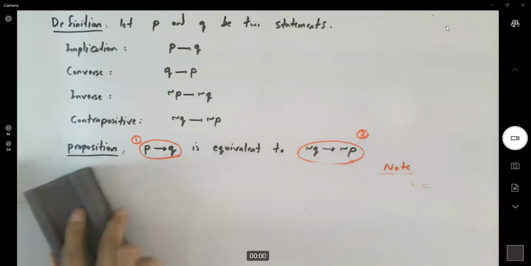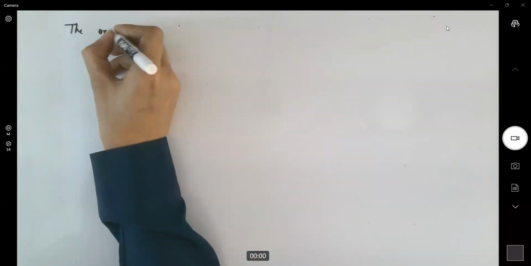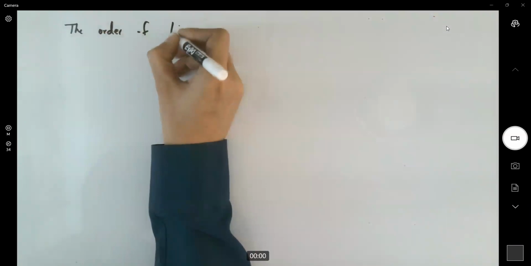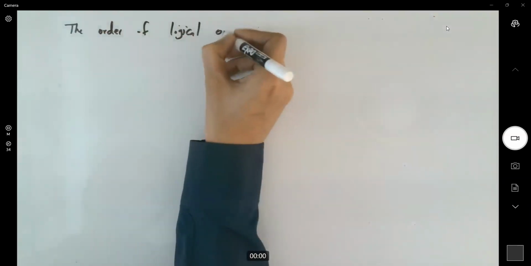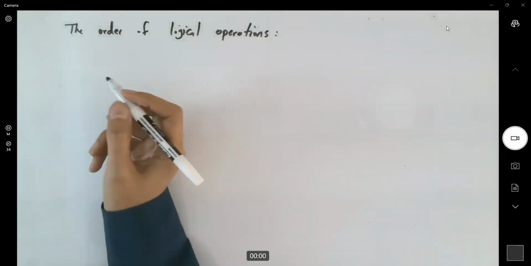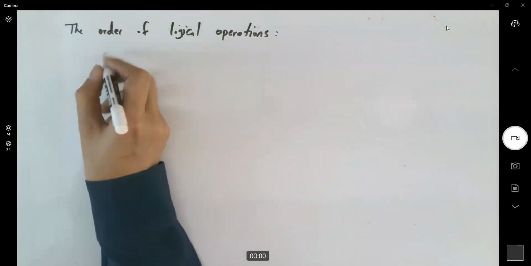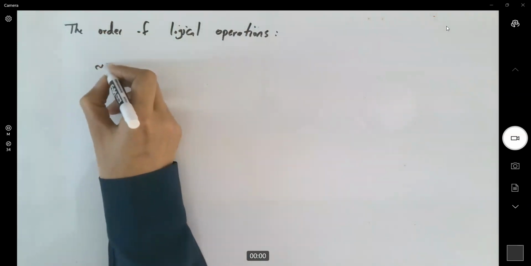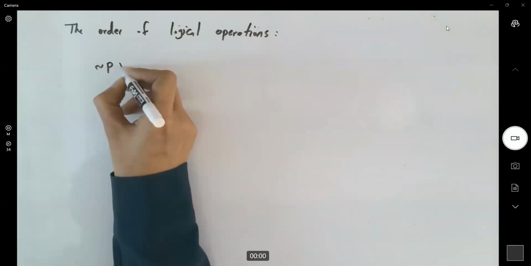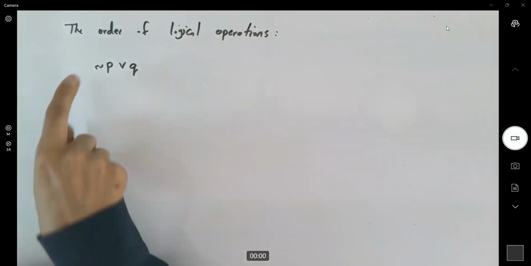So the last thing is the order of logical operations. For example, if you have a statement like this, not P or Q, which one comes first?